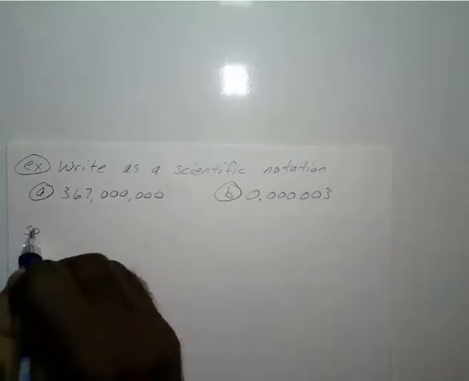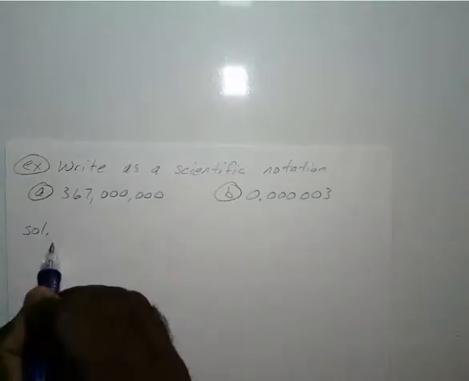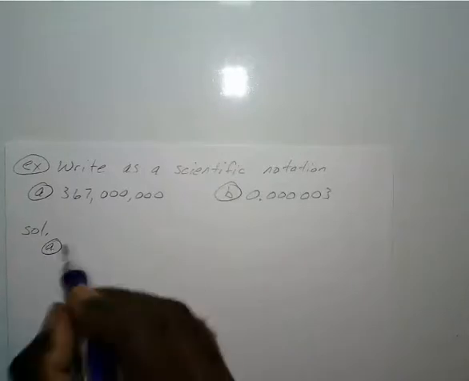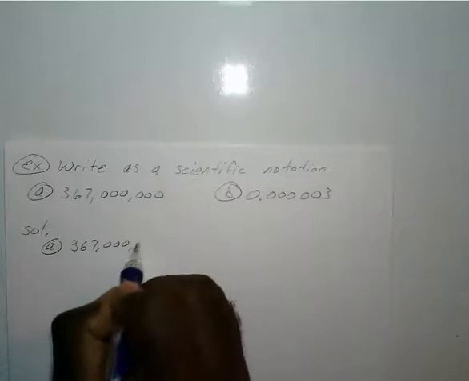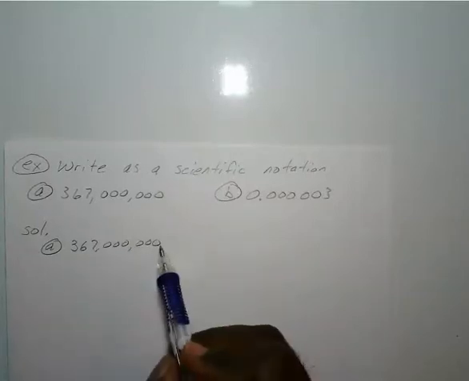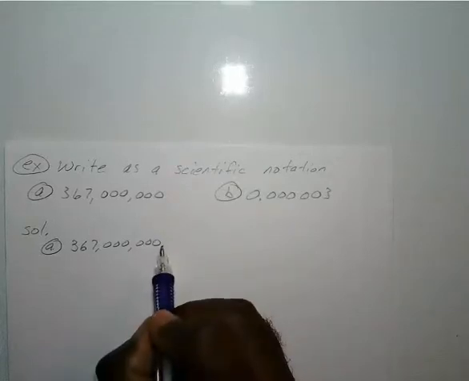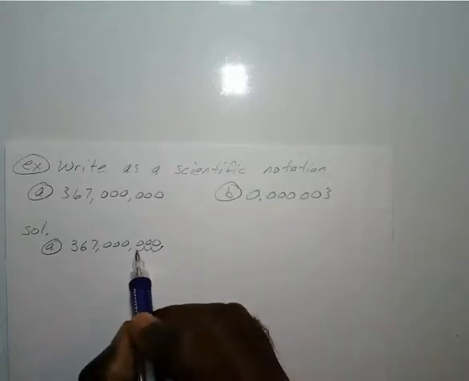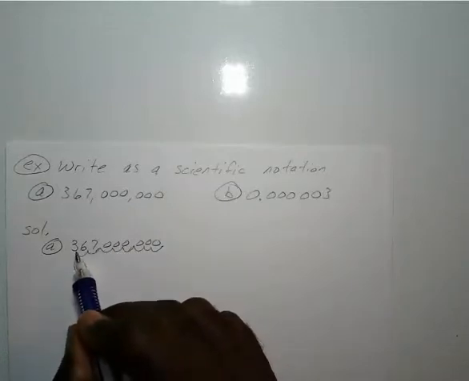Okay, so we're going to go through each step. For problem A, we have 367 million. Remember, when there's no decimal place, the decimal's all the way to the right. So what we do is we move it 1, 2, 3, 4, 5, 6, 7, 8.